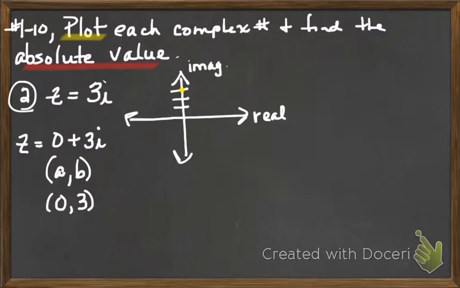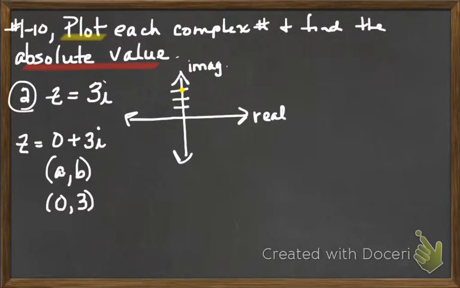Absolute value is the distance, it doesn't tell you this, but the absolute value is the distance from the origin to the point that you have plotted. Maybe you want to write that down. Absolute value is the distance from the origin to the point that you have plotted. Some points we can just count the absolute value, like this one. So what's the distance between the origin and the point that we have plotted?